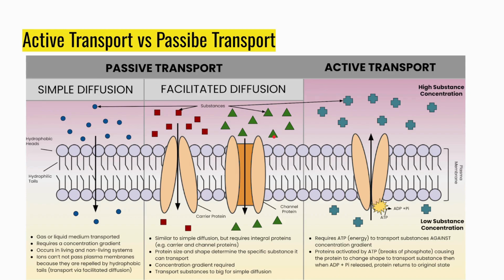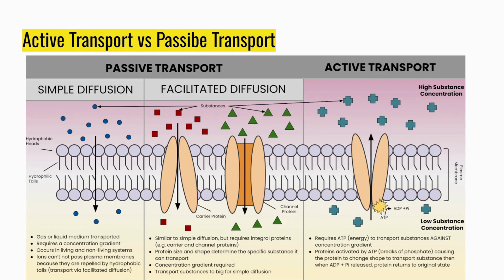Alright. Within passive transport, there are two types: simple diffusion and facilitated diffusion. Passive transport in general requires no energy, so you will not be seeing any energy or ATP being used in passive transport.